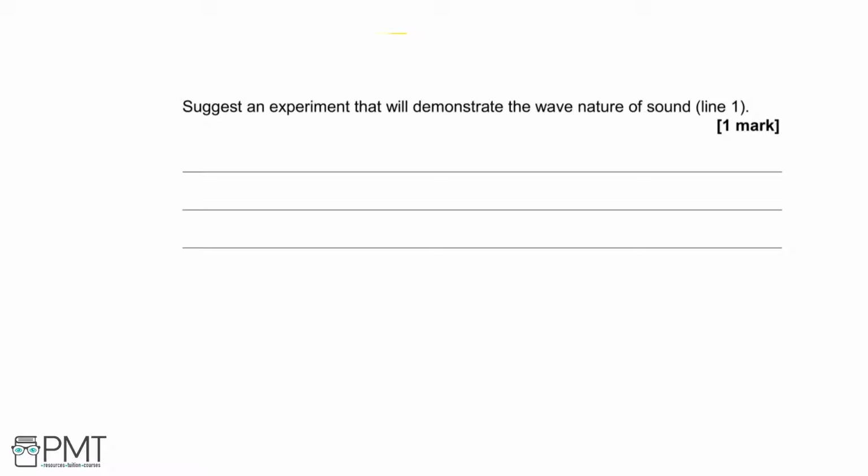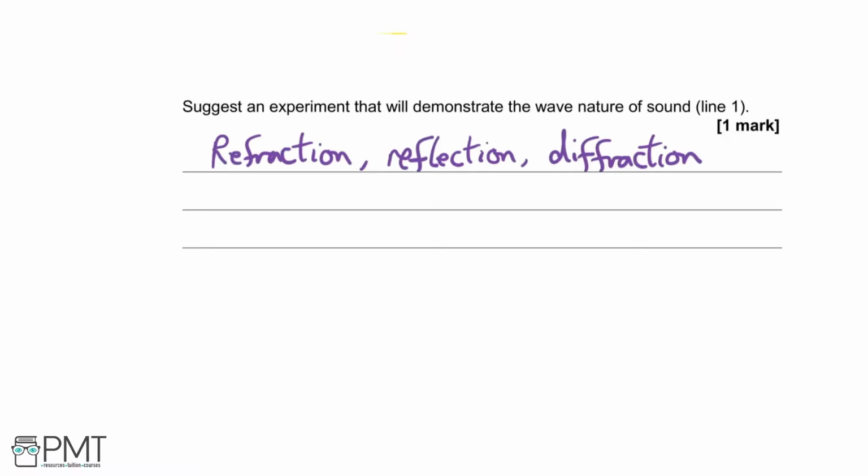So let's write down some examples of properties of waves and see how we can apply that to sound. Now, when we look at this, 2 of these examples of wave behavior are trickier to show experimentally, but one's actually quite straightforward. So refraction, you could do, obviously it requires a wave to pass through a boundary between 2 different materials.